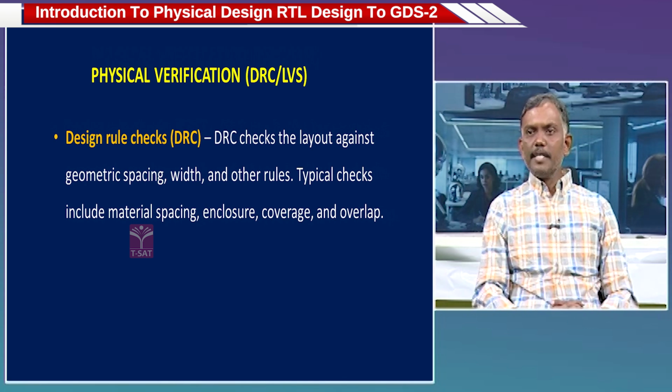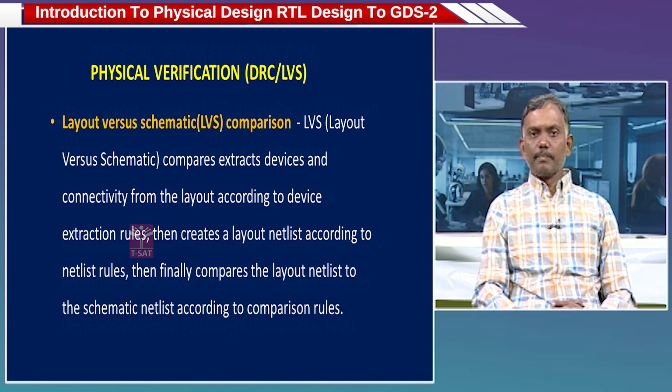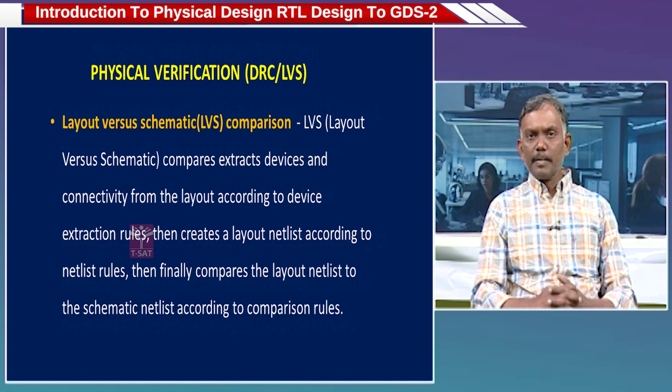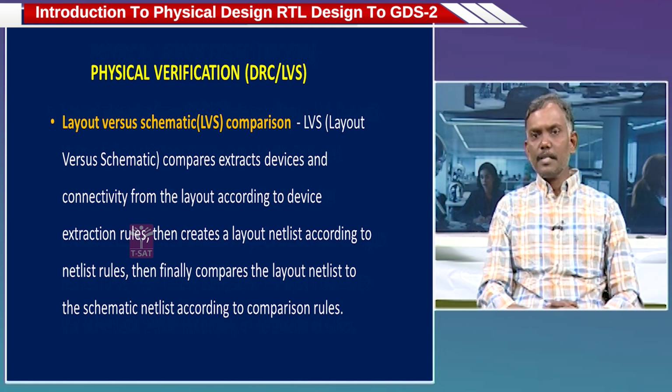And also LVS, layout versus schematic. What is the layout? Your GDS2 is our layout, which contains all the design information from the device level. GDS2 is a device level format, you have only layers.